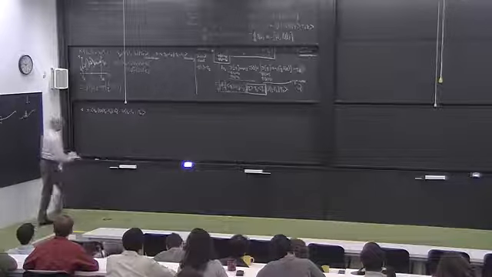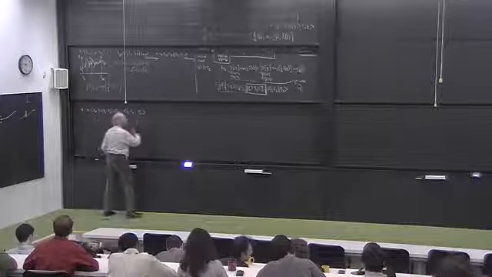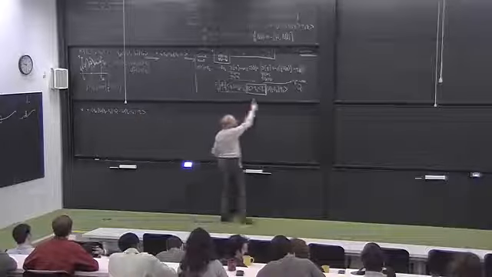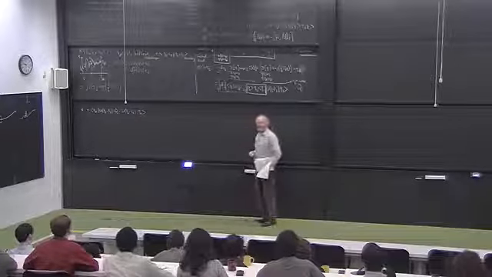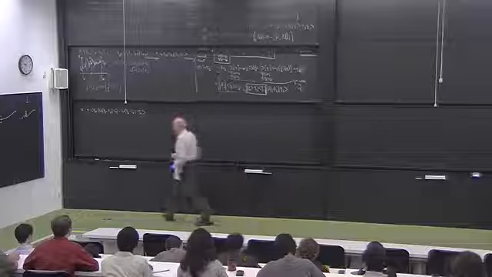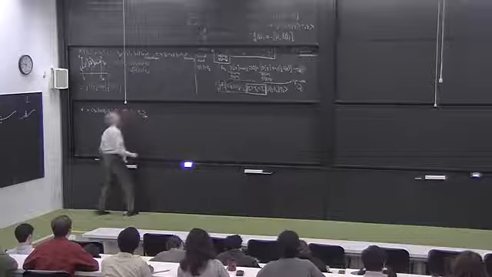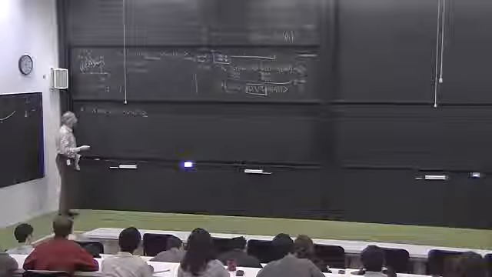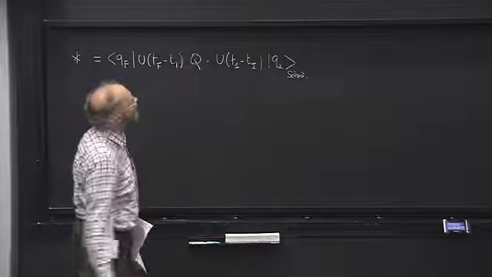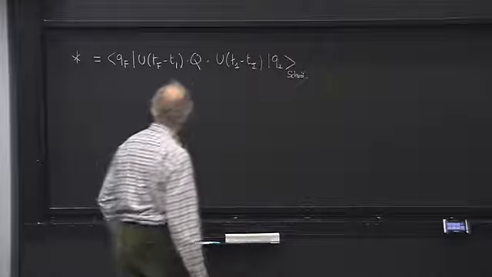Okay, so that's the way we wrote this matrix element of some operator in the Schrödinger picture. But we use our definition of how to write things in the Heisenberg picture.